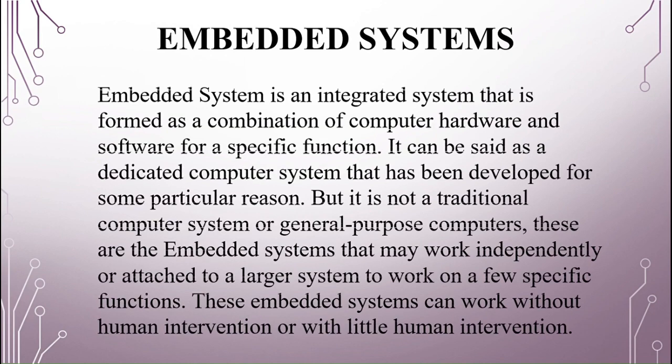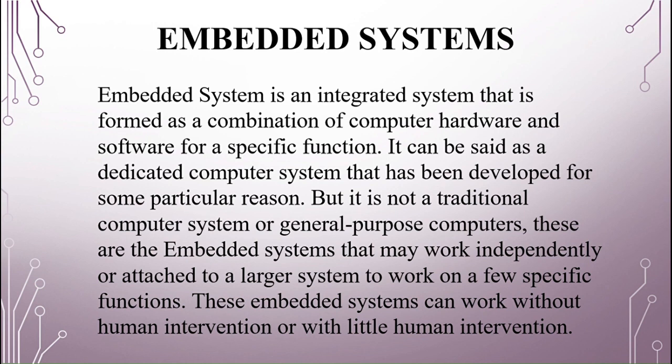Okay, next we have the embedded system. An embedded system is basically an integrated system that is formed by a combination of computer hardware and software for a specific function. So it is made up of computer hardware and software to perform certain tasks. It is a dedicated computer, developed to perform a particular task.